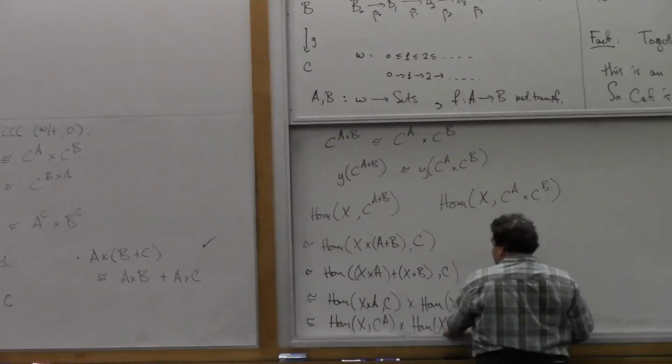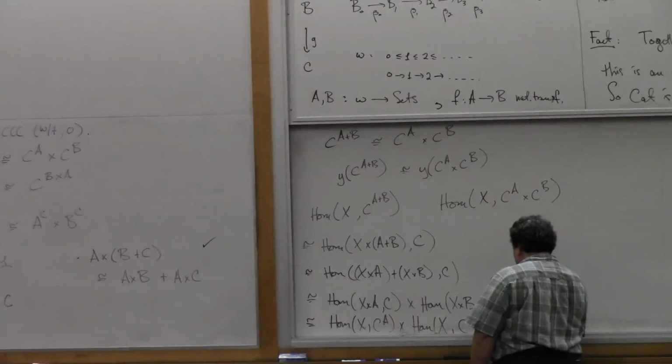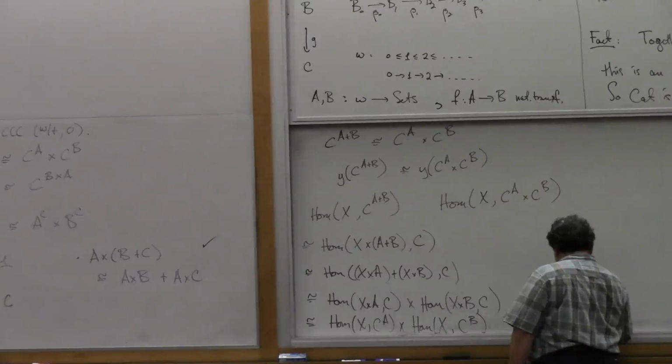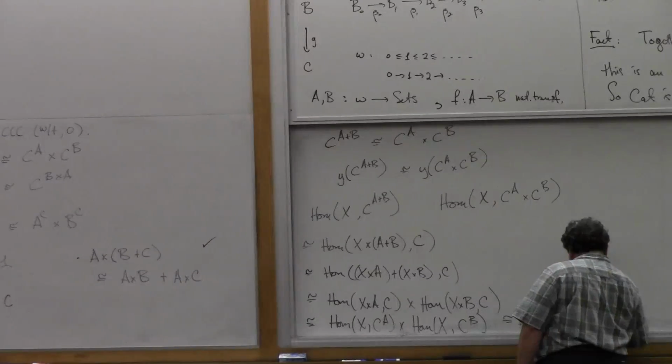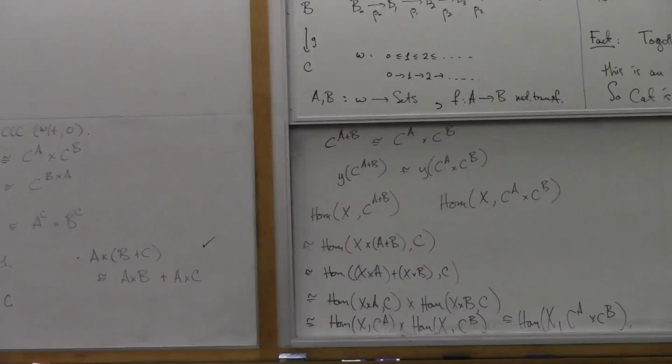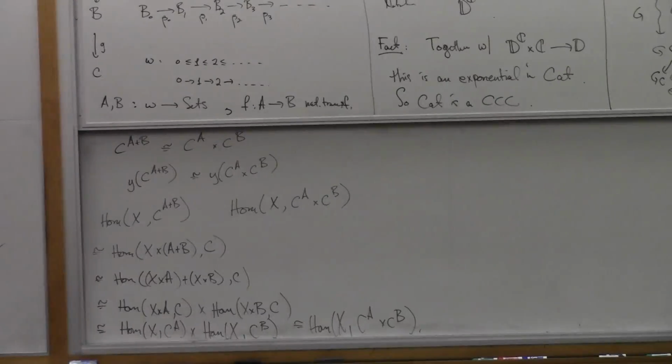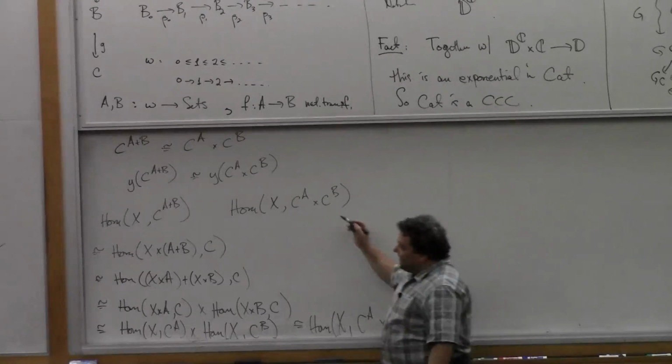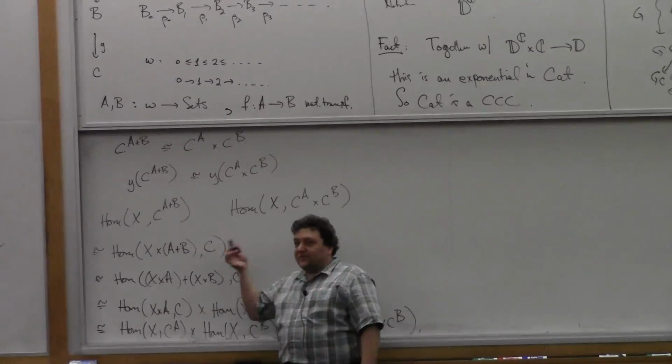And now I can use the rule for products on the right. That's it. Whew, it's still true. You get the idea? You can reduce these things now to very simple calculations.